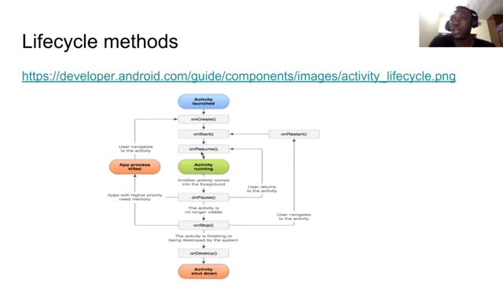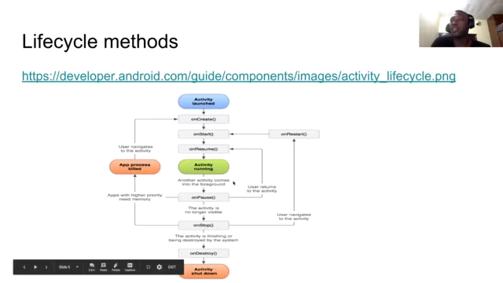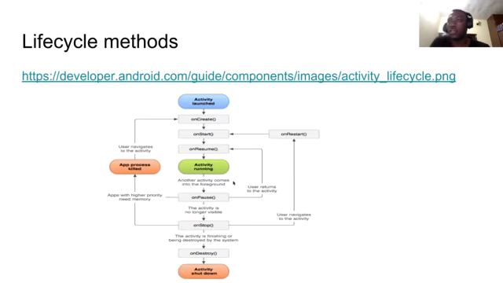So there are other lifecycle methods that are not in this diagram. For now, we don't need them, but when you're trying to save instance states, for example, when your application is losing focus and leaving the foreground, you want to save some variables or save some states in your application.